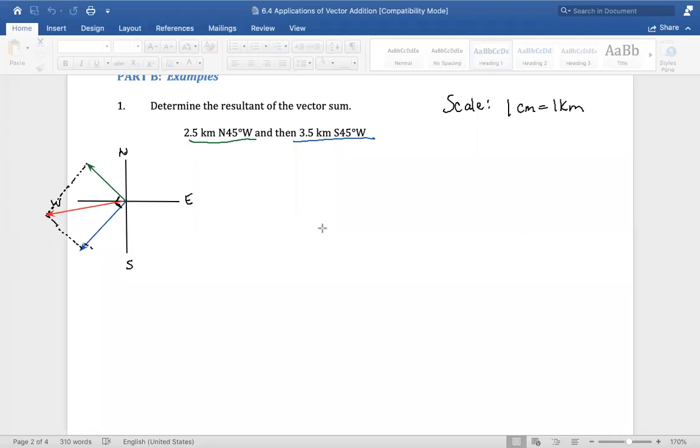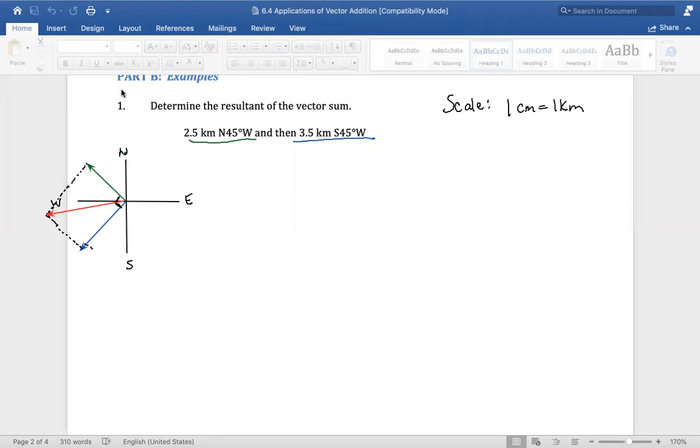The only way to really know is to use an actual compass and ruler. If this was, let's say, 10 degrees below the horizontal, that's what it would look like. But if you get an answer of 70 degrees below the horizontal, that one wouldn't make sense based on the drawing. So it does matter in chapter 6 to have the diagrams as accurate as possible.